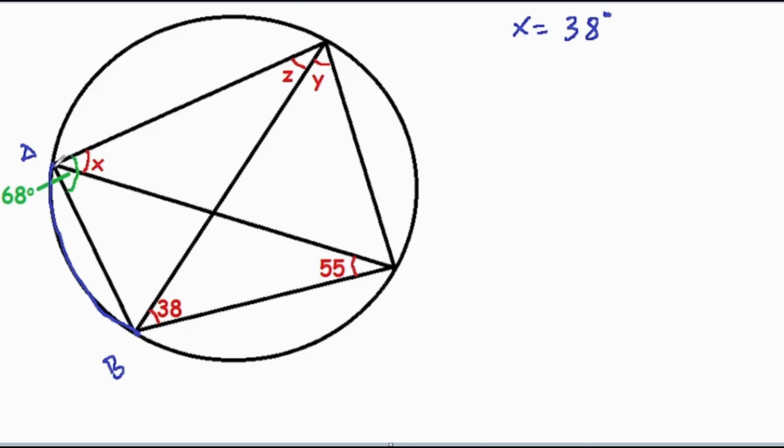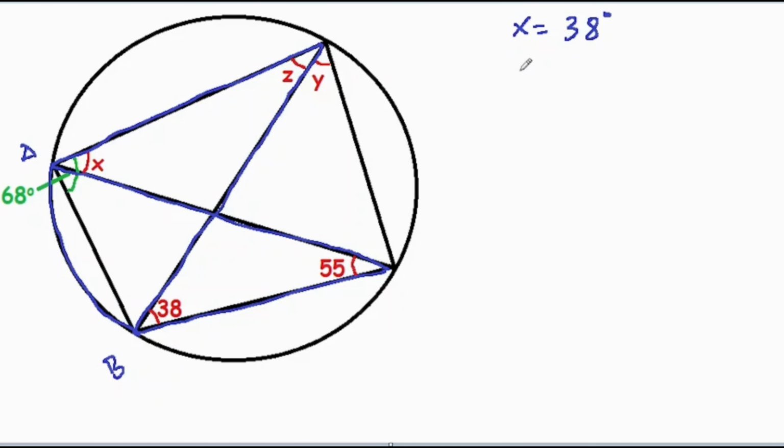Starting from A, then from B again. That's arc AB subtending angle 55 degrees. The same arc AB is subtending angle Z. Can you see that? Good.